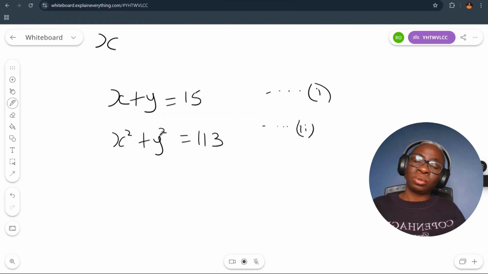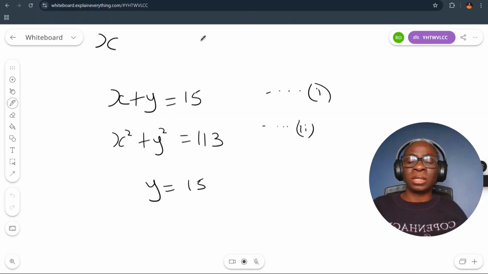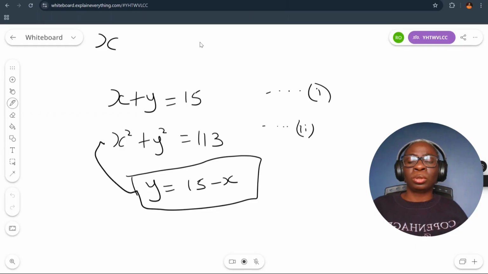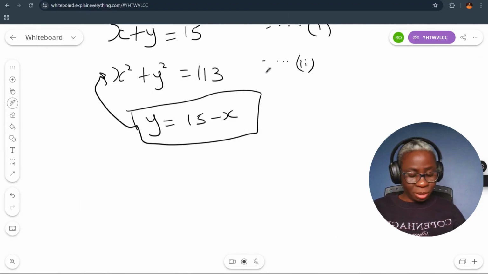So what we have to do now is let's make y the subject of the formula here. So from equation 1, we will have y equal to 15 minus x, so that we can substitute this into equation 2. Wherever we see y, we put 15 minus x.